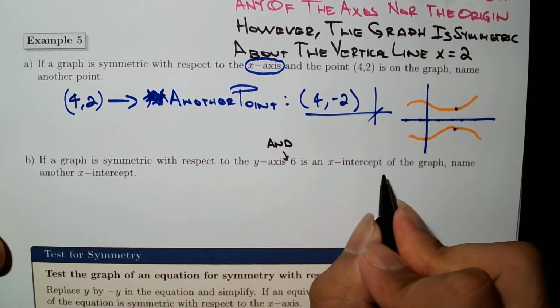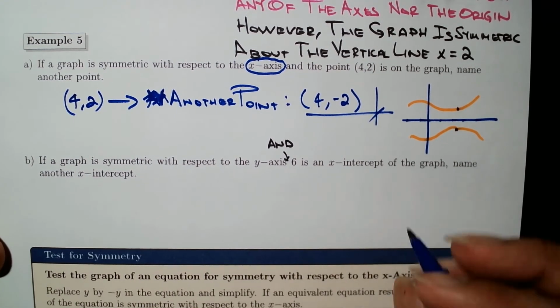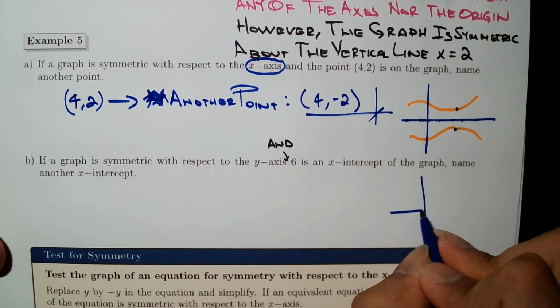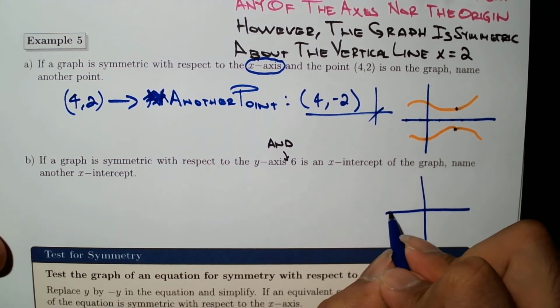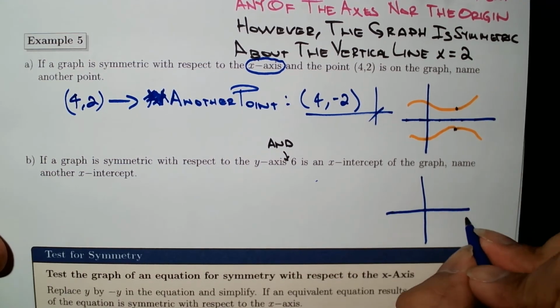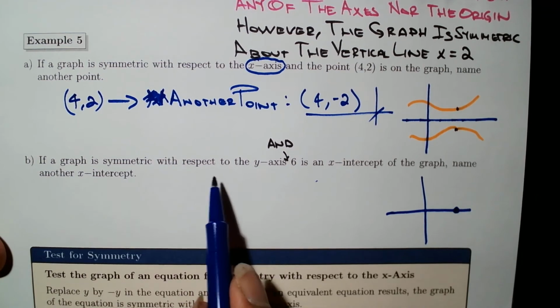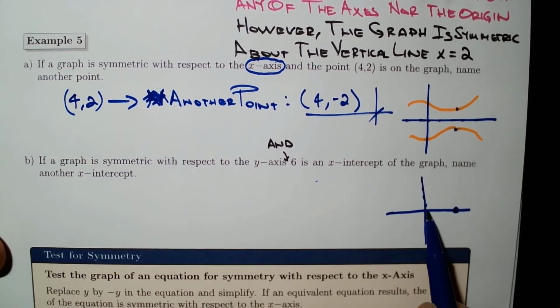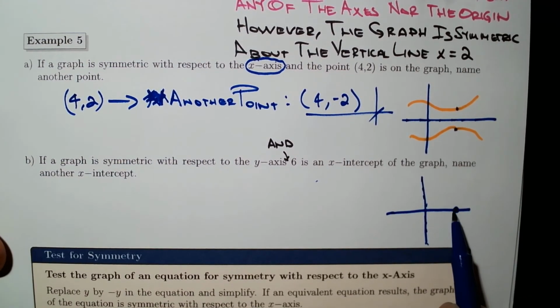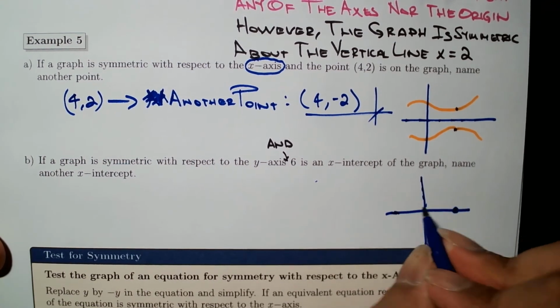6 is an x-intercept of the graph. Name another x-intercept. So what's the picture here? The graph has an intercept at 6 as an x-intercept. If the graph is symmetric about the y-axis, then this point will have its counterpart on the other side over here.